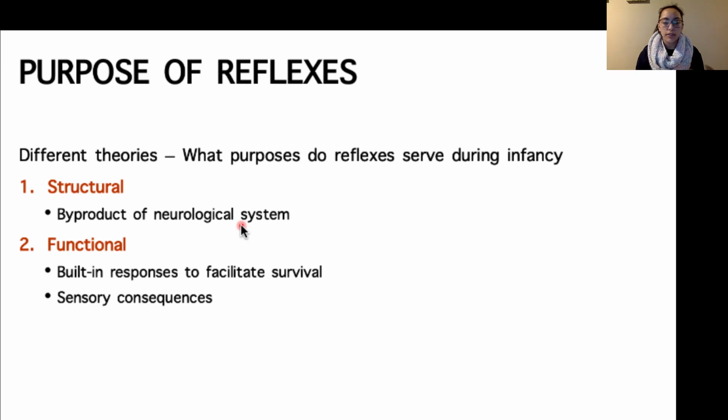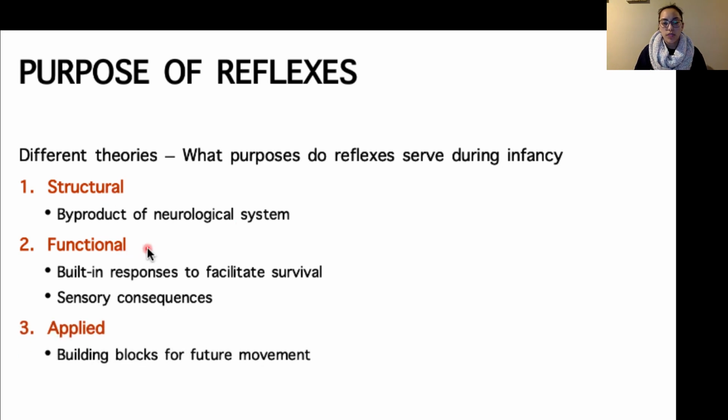They also function for sensory consequences, right? You start to create these stimulus-response bonds, and eventually, once you are able to create those associations, you voluntarily can start adjusting how you react or interact with your environment. Both the structural and functional views primarily consider reflexes at birth, but they don't really suggest any further purpose after birth, which is where applied theories come in.